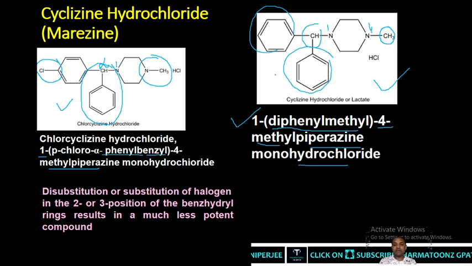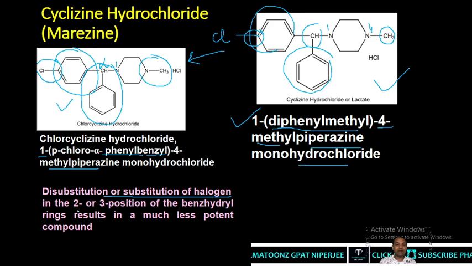The difference between cyclizine and chlorcyclizine is that in the structure of cyclizine, at the 4th position, if chlorine is introduced, then it gives the structure of chlorcyclizine.